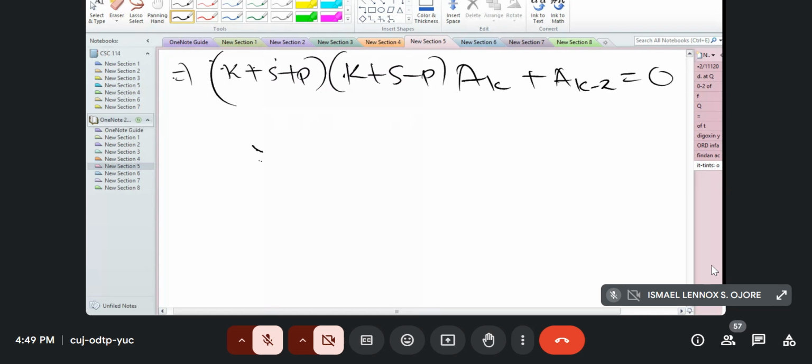Between k and k minus 2, k is running from 2 to infinity. Which one is bigger? ak or ak minus 2, right? Okay, so what do we do? What do I write? To solve for the higher index ak, what is the formula?